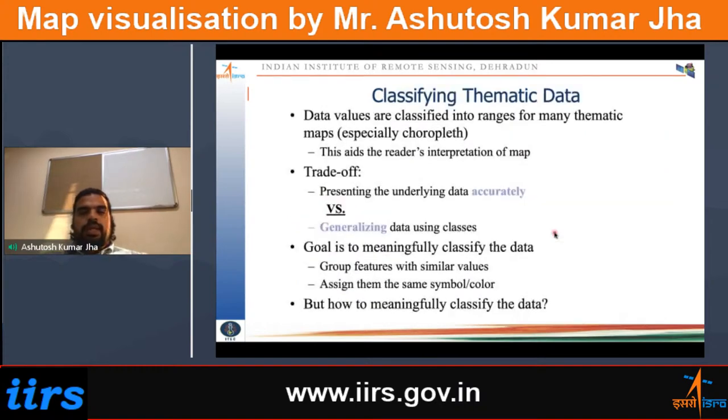So in all these thematic mapping cases, we have to do some kind of grouping of the classifications. The main reason for that is to improve the readability of your maps. Generally it is said that for a normal human being, if there are 8 sets of the same color, people can distinguish between the 8 different shades quite easily.